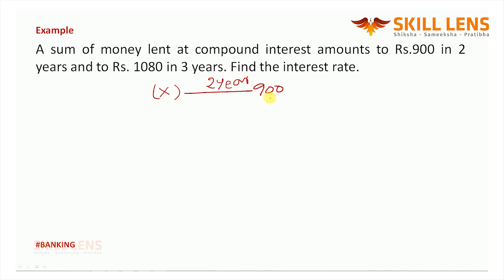This 900 has your principal and your interest, because this is amount. And the same sum becomes 1080 in 3 years.